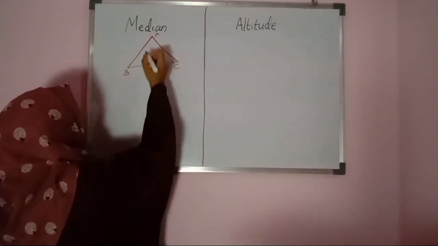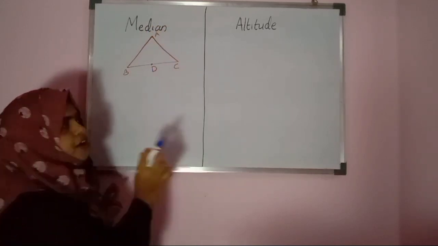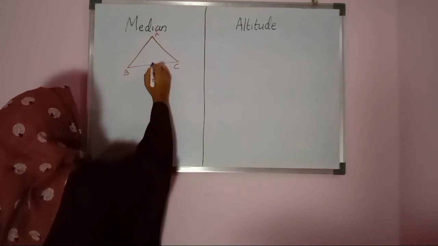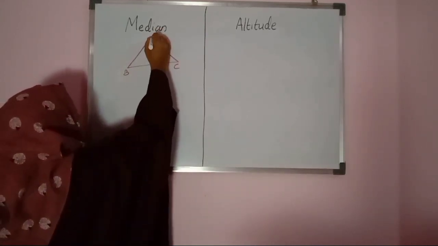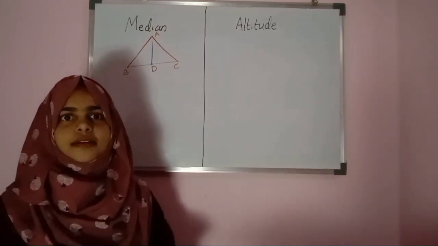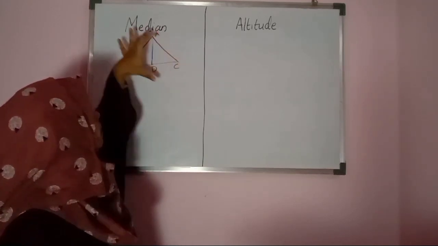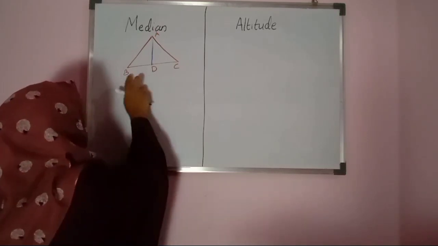From the vertex A, the opposite side is BC, isn't it? D is the midpoint of BC. When we draw a line from A to the midpoint, it is called the median.